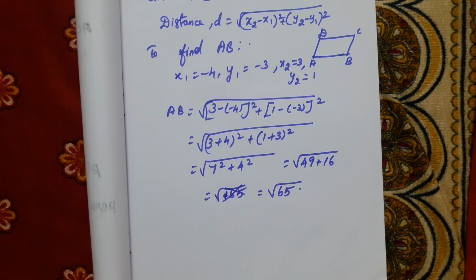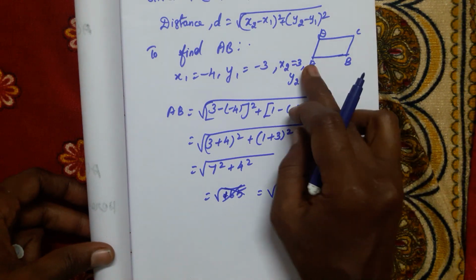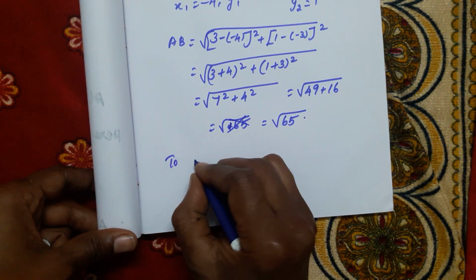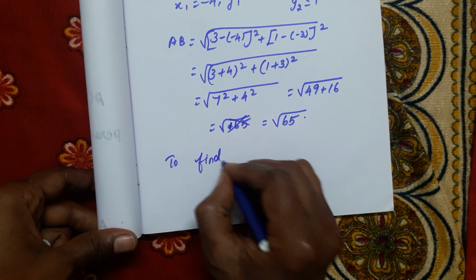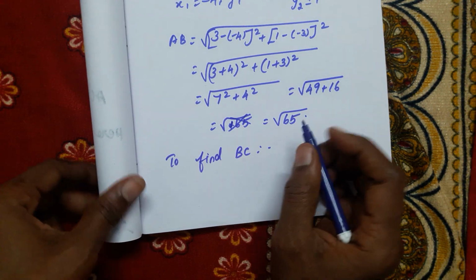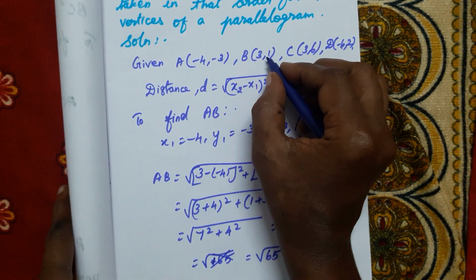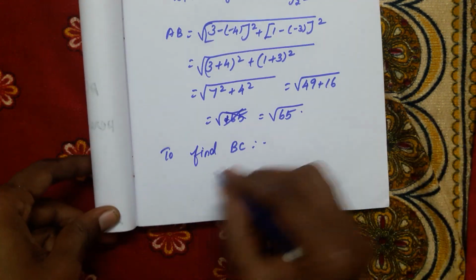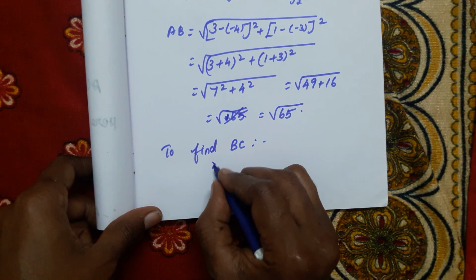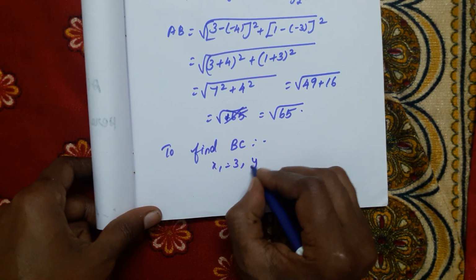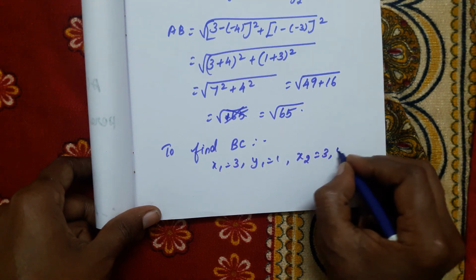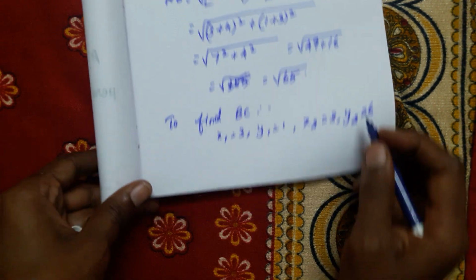Next we want to find out side BC. All the sides we have to find out: AB, BC. What is x1, y1? B is x1, y1. C is x2, y2. x1 is equal to 3, y1 is equal to 1. x2 is equal to 3, y2 is equal to 6.